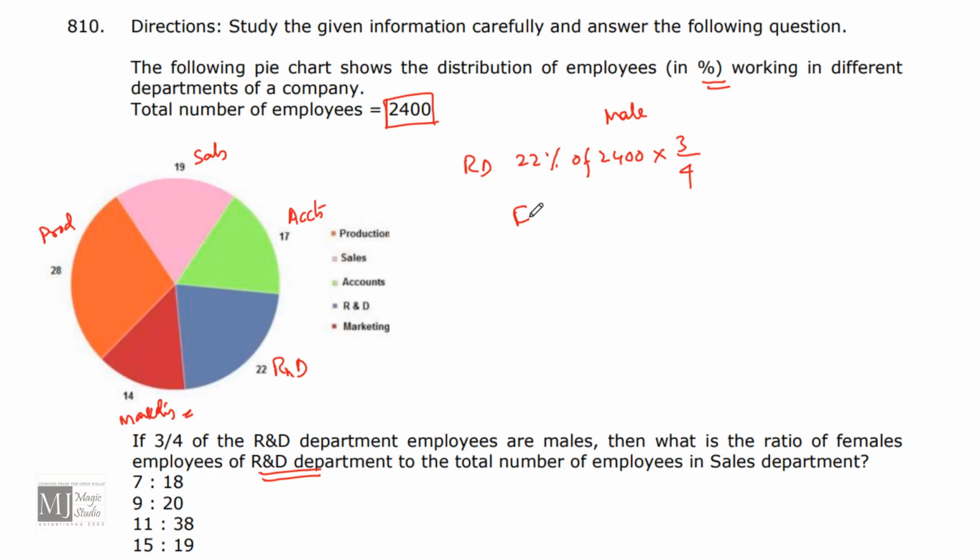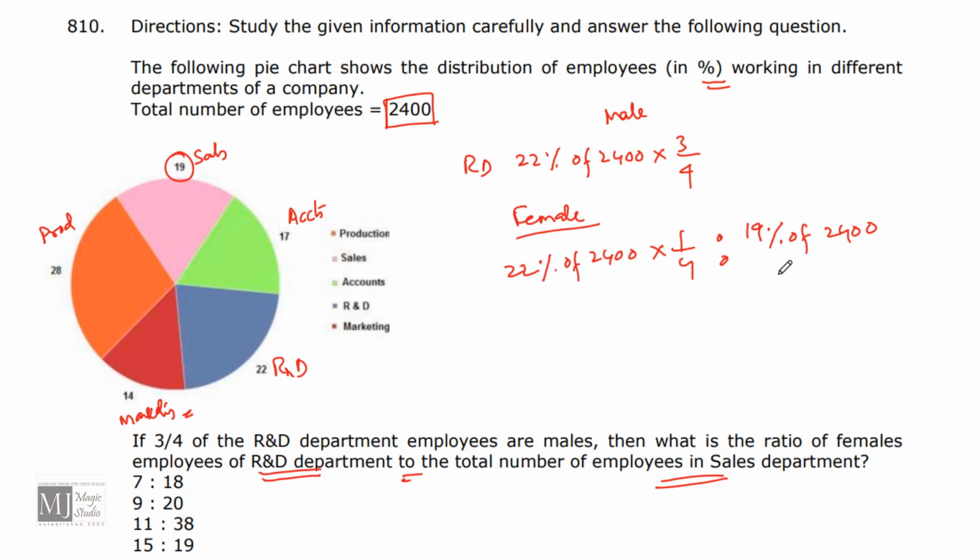So female employees of the R&D department would be 22% of 2400 into 1/4, to the total number of employees in the sales department. In the sales department we have got 19%. That is 19% of 2400.